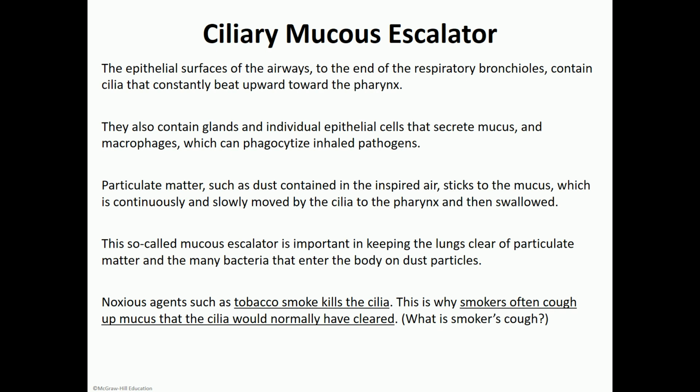And then the cilia have these wavy movements, and they keep on pushing all of that upwards towards the larynx and pharynx, and then we end up swallowing all of that. And all of these different particles, especially the pathogens, are going to die due to the action of the hydrochloric acid of the stomach. The thing is that smoking tobacco kills the cilia.